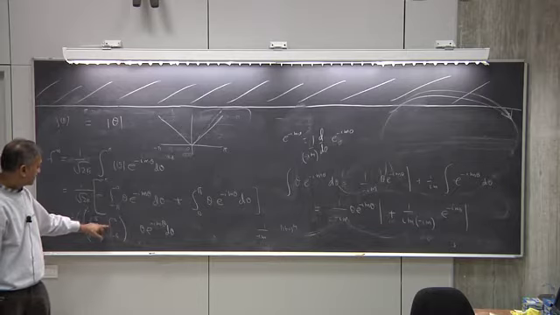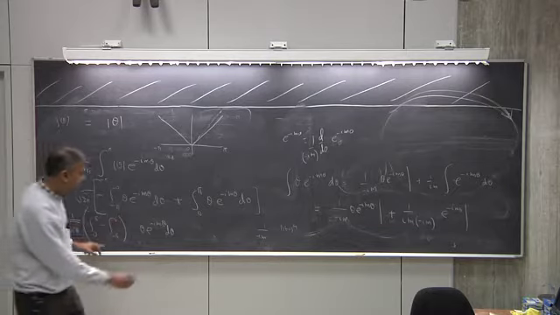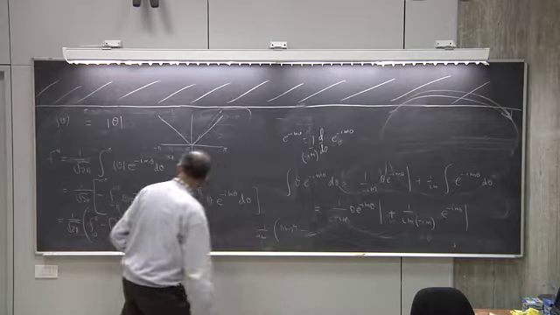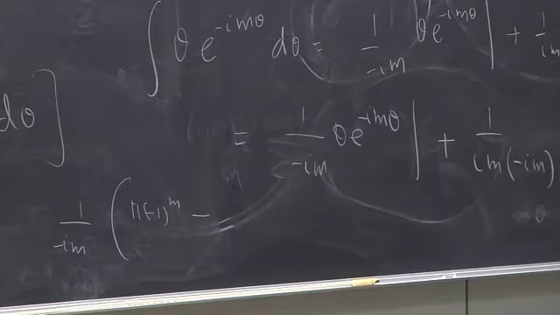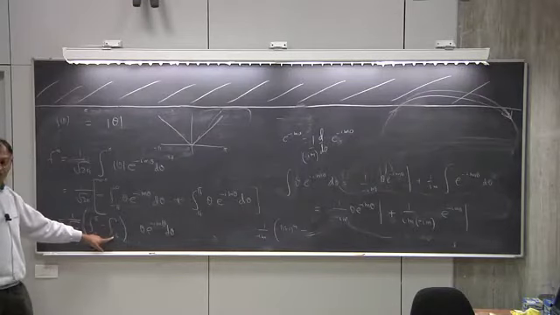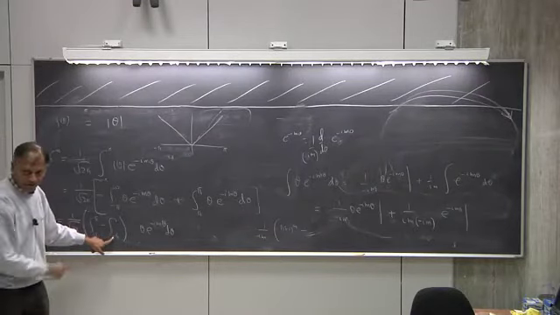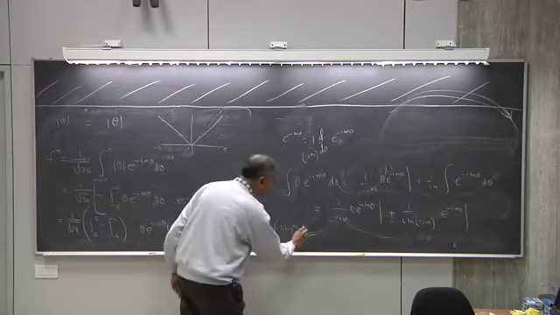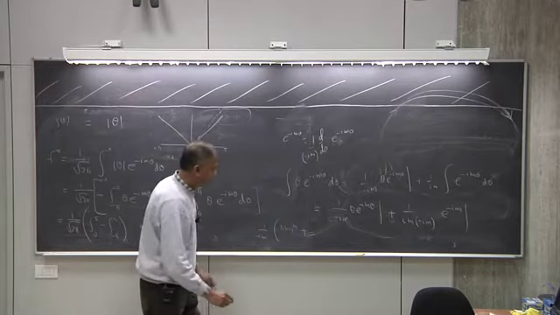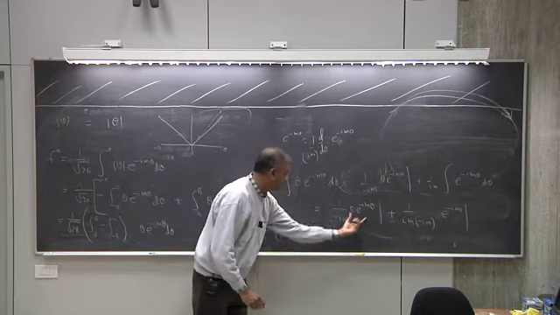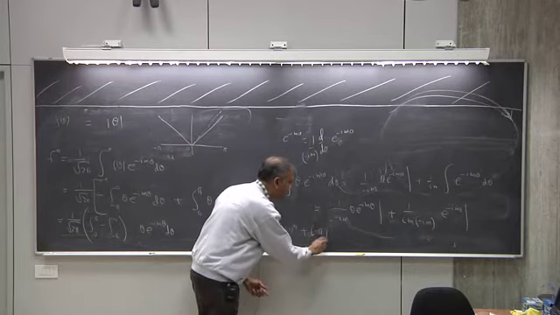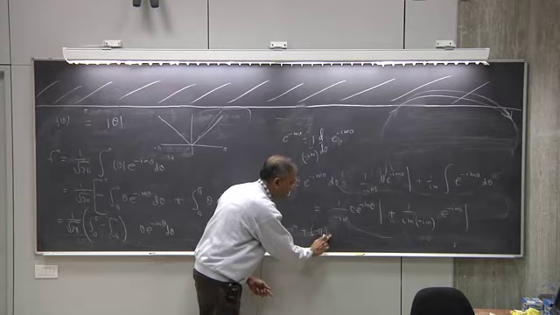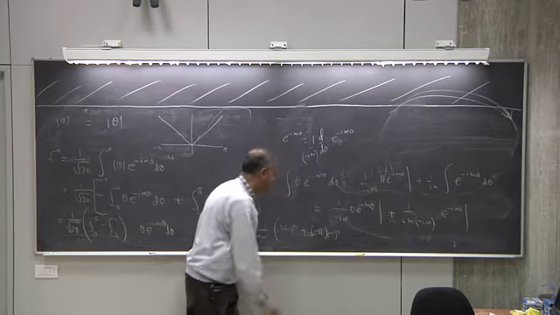Then the second one, again theta equal to 0, there's a minus sign here, and theta equal to 0 again doesn't contribute, but theta equal to minus pi will give you, okay, theta is minus pi, but this is a lower limit, right? It's a lower limit, so it's another minus, so it makes it plus. And then this evaluated at theta equal to minus pi gives you minus pi times e to the power, again minus 1 to the m. So this vanishes.